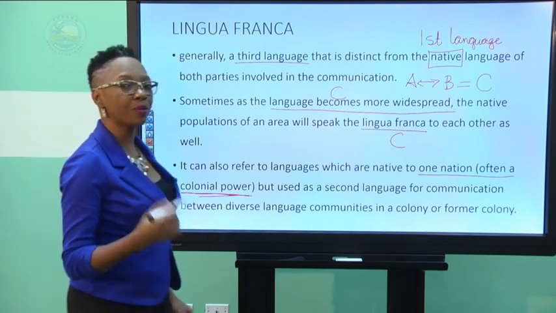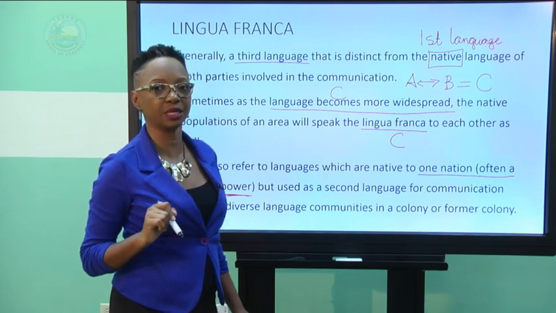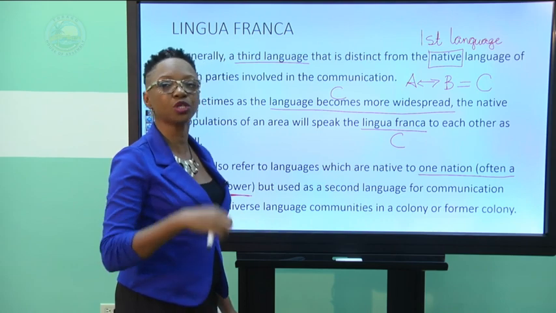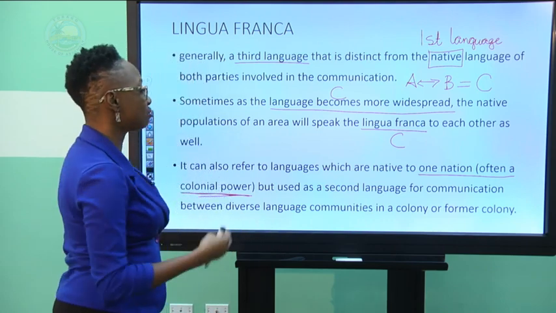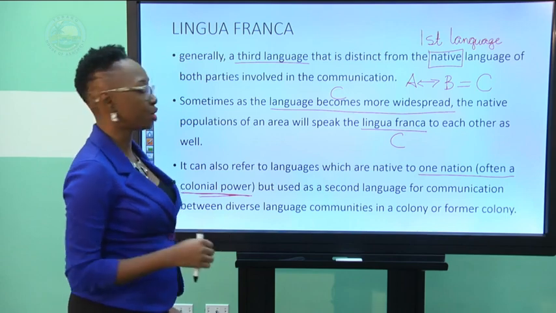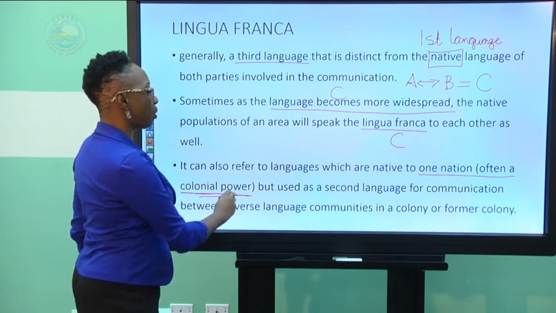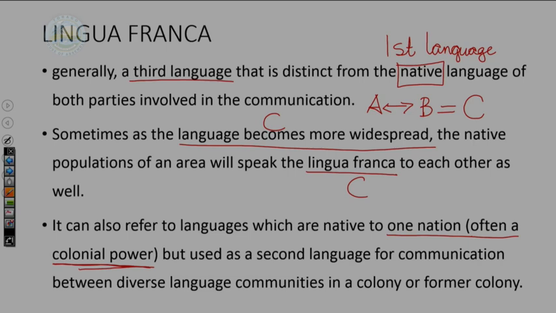So if I take Tobago specifically, there would have been times when you would have had Spanish being spoken, French being spoken, Dutch being spoken, and English, which has remained as a remnant as our national or official language. But where the colonial power's language has become dominant, it becomes the second language for communication.